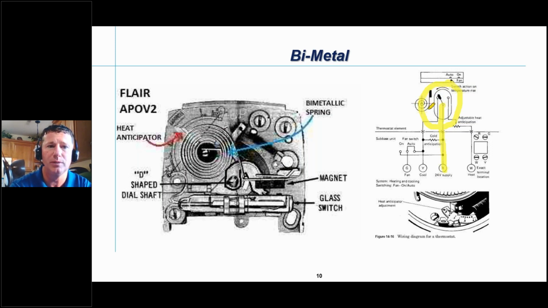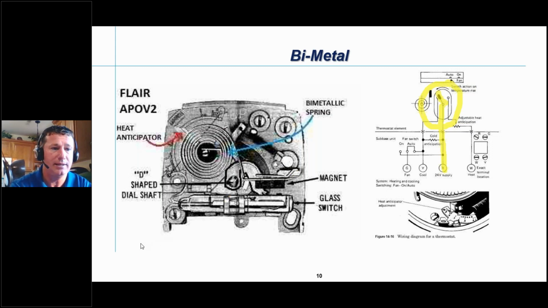So our spring coil was two dissimilar metals that were bonded together so that they would stretch at different rates, so that as temperature changed, the metal spring would flex because of the change of the dissimilar metals, and it would cause that magnet to shift. So as that magnet would get closer to which side of its switch, it would actually just pull that arm over and make contact, and so it could swing either direction based on the strength of that magnet.